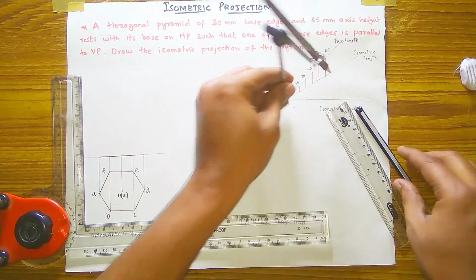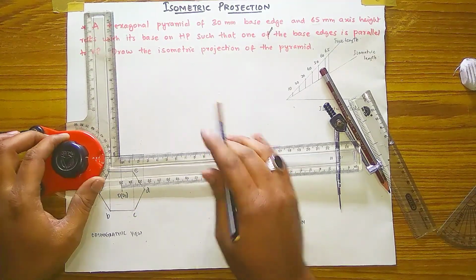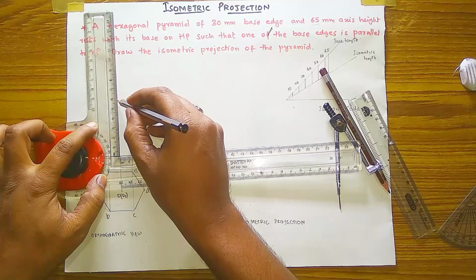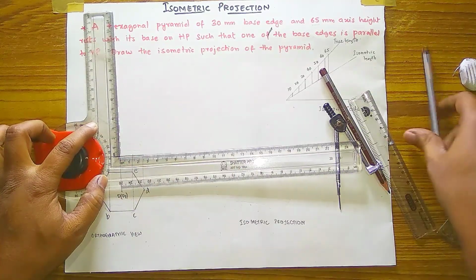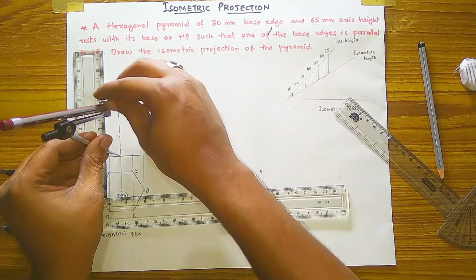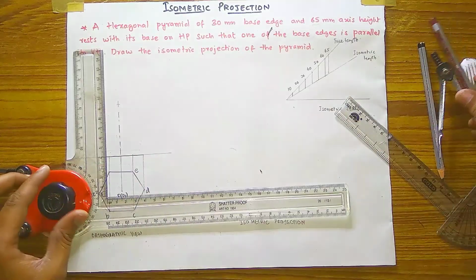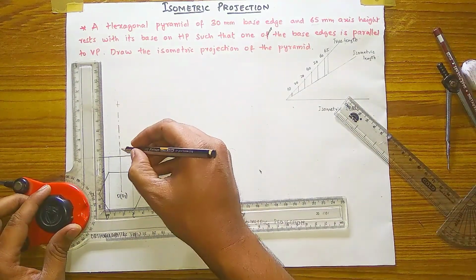So measure it on the divider, then draw an axis line. First you draw that much, then with that isometric length of the axis you have to draw, so from here to here you will have the axis side.